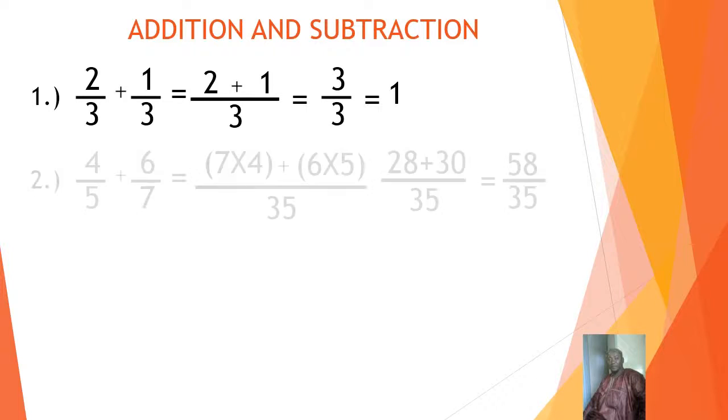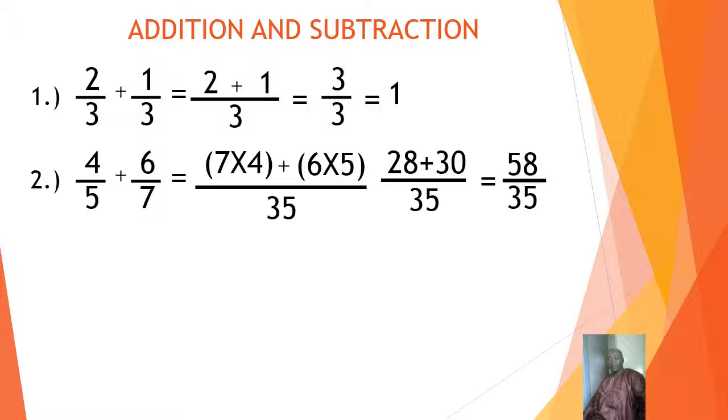Example 2. Let us add 4 over 5 and 6 over 7. In this case, our LCM is the multiplication of 7 and 5, which would give us 35. By doing that, 5 in 35 would give us 7, and that is used to multiply the numerator of 5, which is 4.